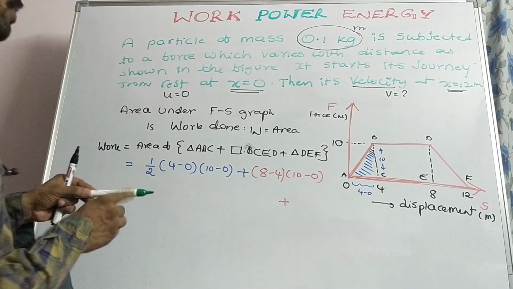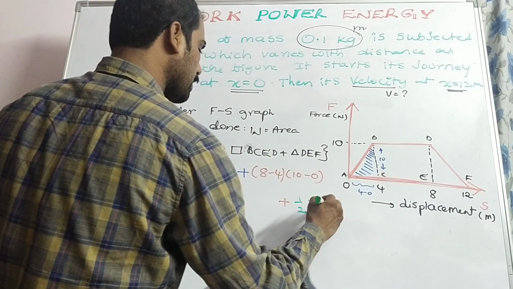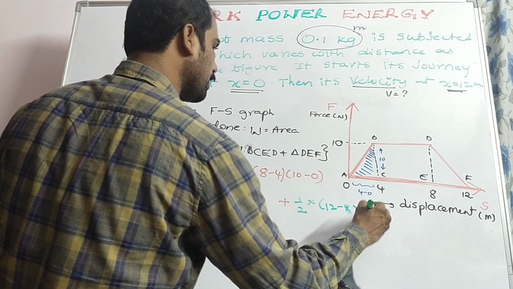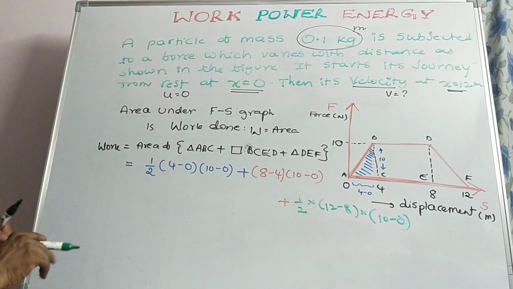Plus now area of triangle DEF: half into base (12 minus 8) into height DA (10 minus 0).